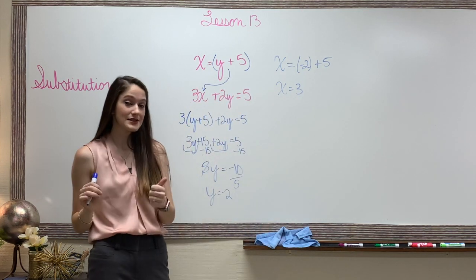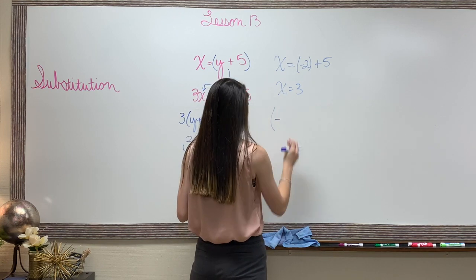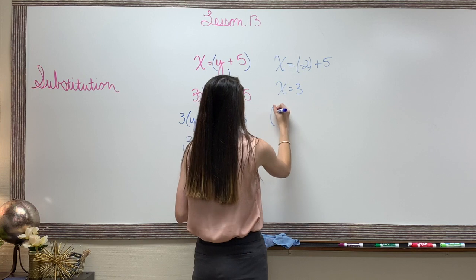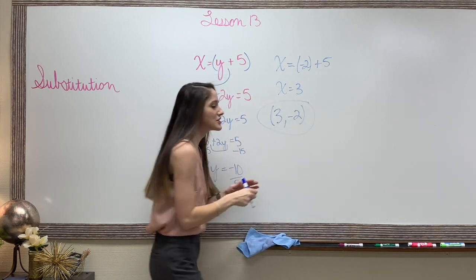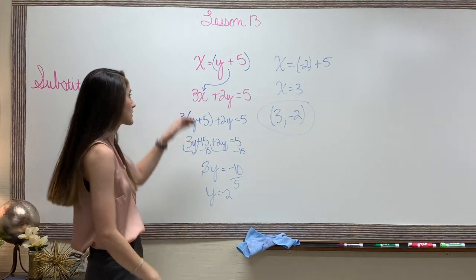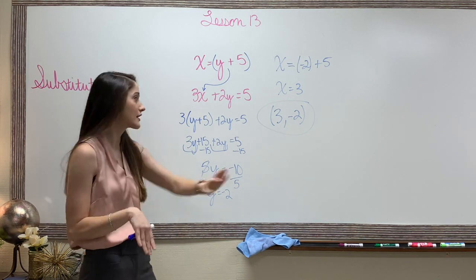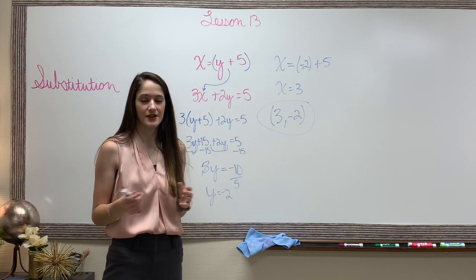Now that I know what x is and I know what y is, I write this as an ordered pair. So it's going to be 3, negative 2. So what we just found is whenever these two lines are graphed, they're going to intersect somewhere, and it's going to be at 3, negative 2. So we just found the intersection point.